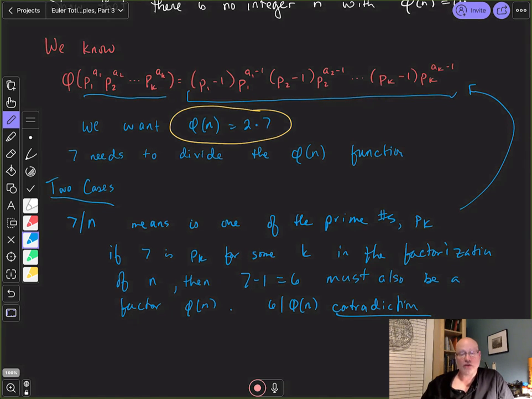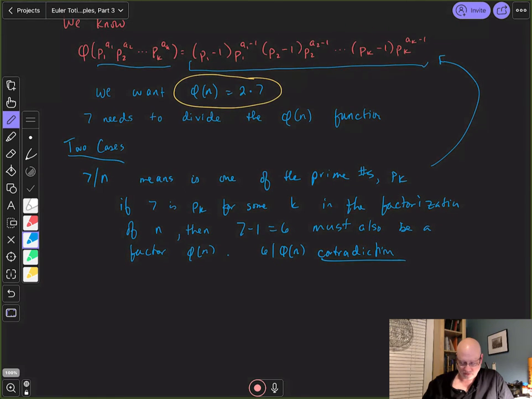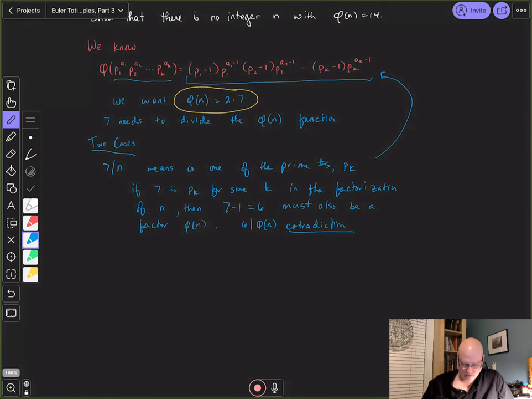The other case is: what happens if 7 does not divide n? Let's think about what that means.